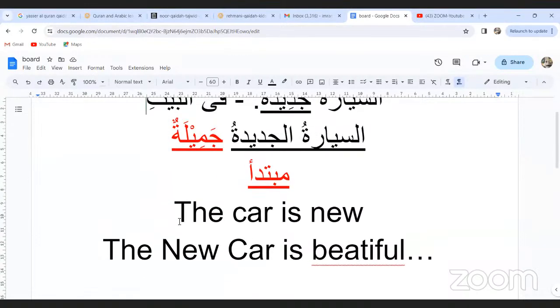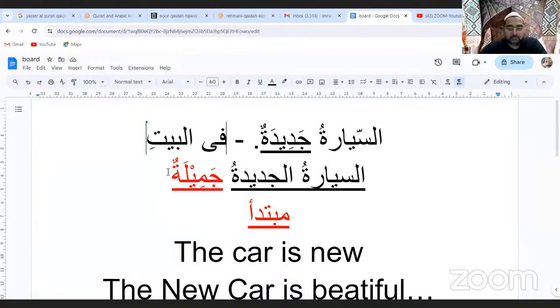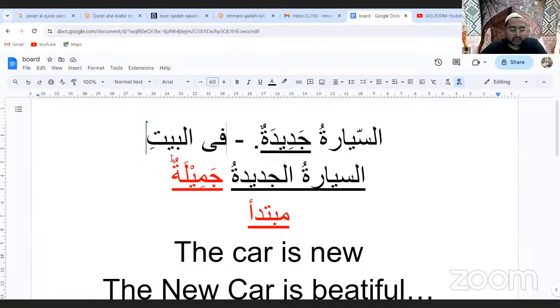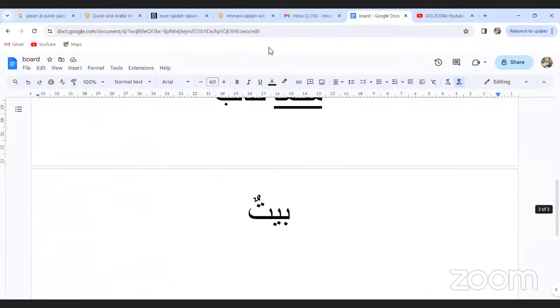Sir, what is tanween? Tanween means when there are two dhammas, two peshes, or two kasras. Tanweens can be two peshes, two fathas, or two kasras. Okay, tanween is two pesh. Right. So let's continue.